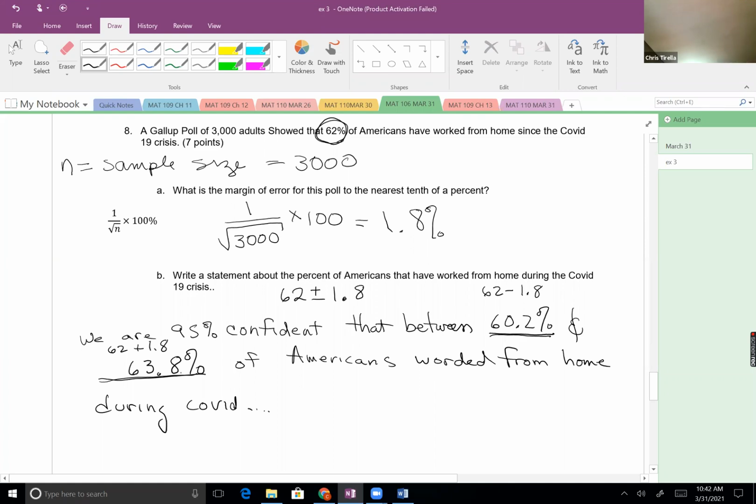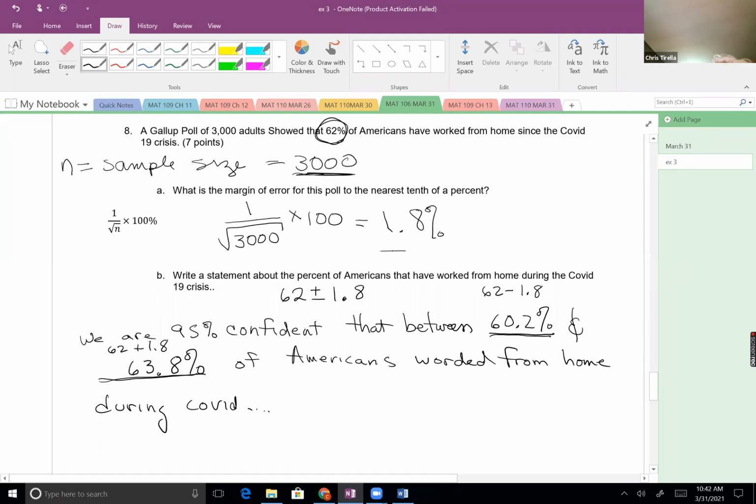And again, the purpose of that is because for these 3,000 people that we surveyed, it was exactly 62%. But we're generalizing it to way more than 3,000 people if we're looking at all Americans. Because we're generalizing, it's not going to be exactly 62, but somewhere near 62.